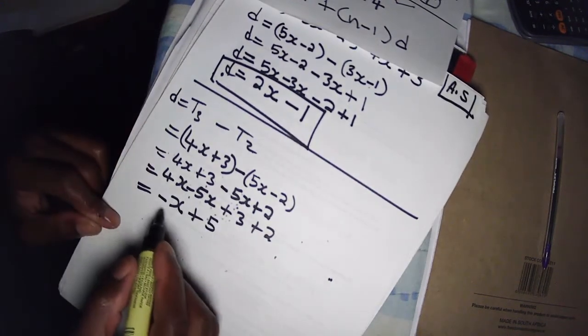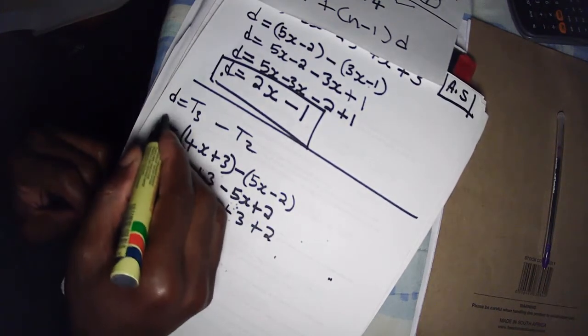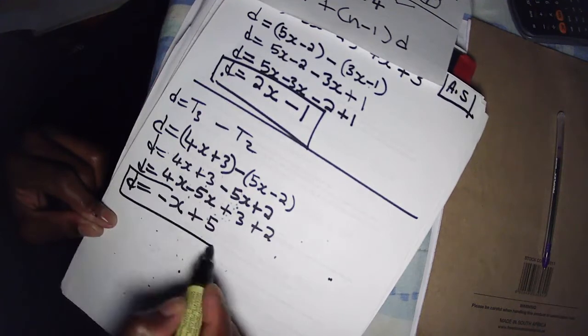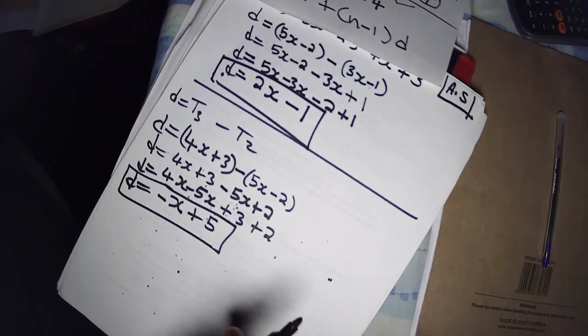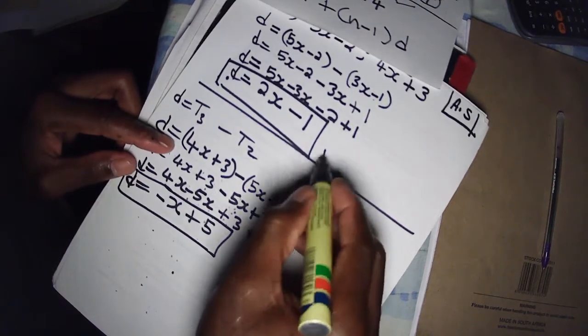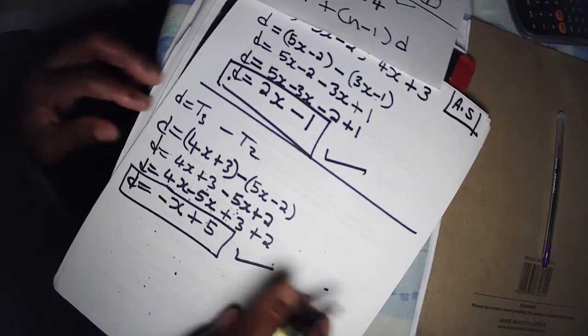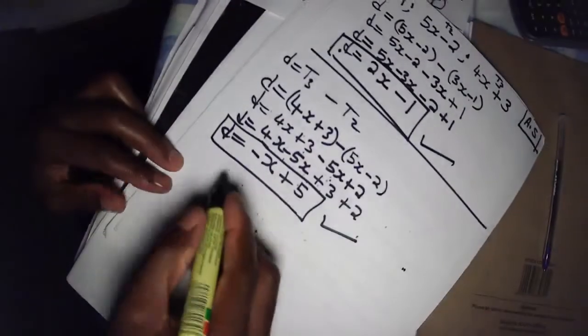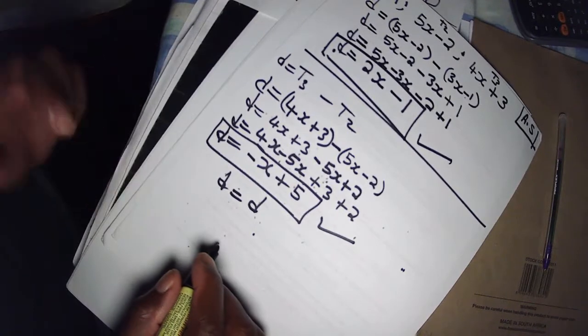So this is d, and this is what we get. We know that this d and that d are equal, they are the common difference, so we can equate them. D is equal to d.